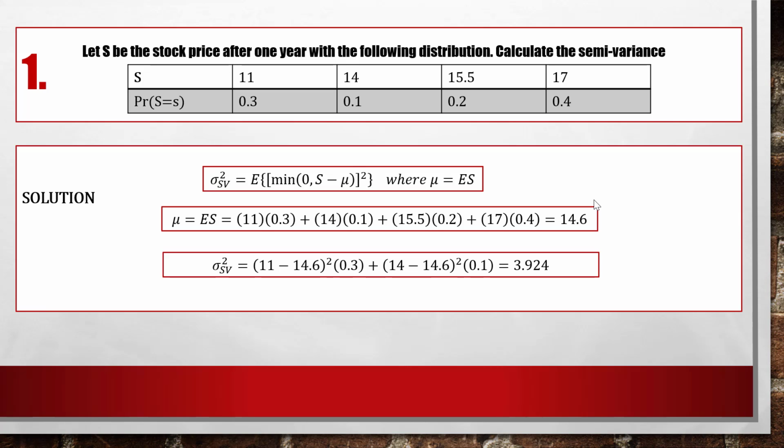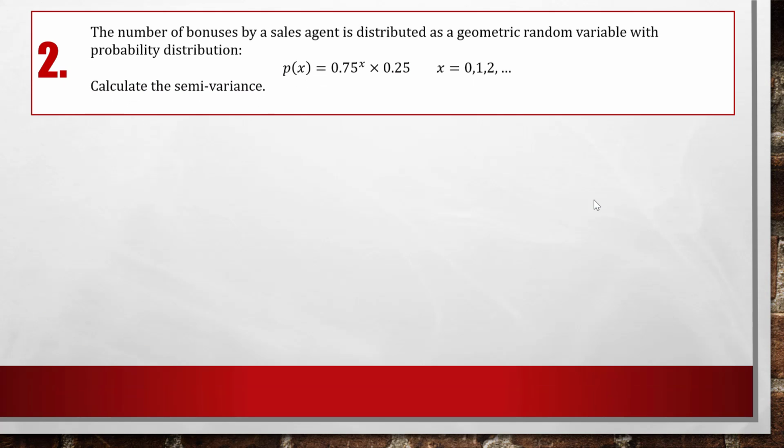Now, if we are given a random variable that has infinite values of x, then what should we do? Here for problem number 2, we are given a similar problem with infinite values of x.